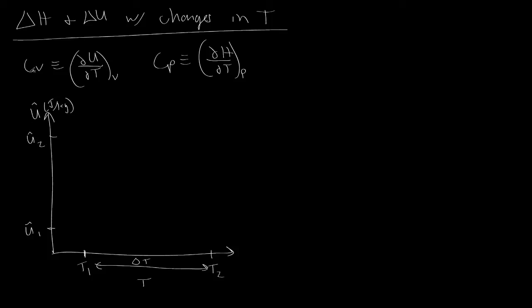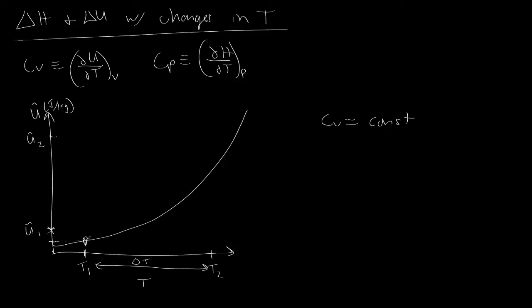The specific heat is the slope of dU/dT. So if we were to plot this out, we could have some sort of arbitrary curved surface. If we approximate the specific heat as constant, so we say CV is approximately constant, effectively what we're doing is saying, no, actually let's draw U1 here, so forget about that.